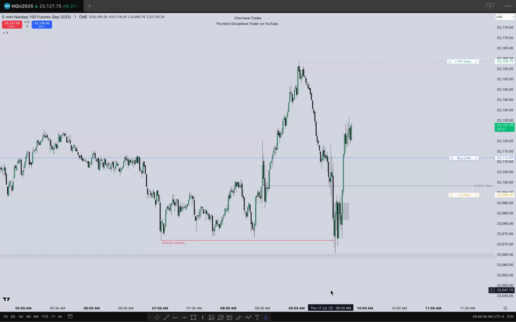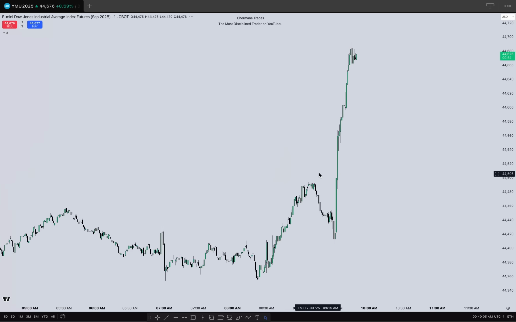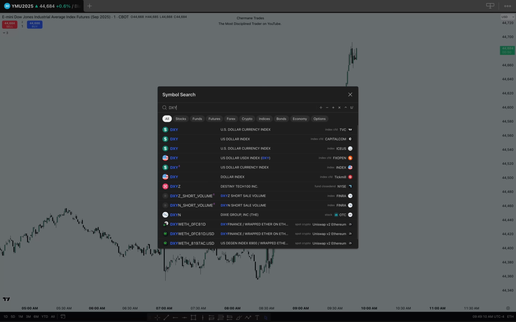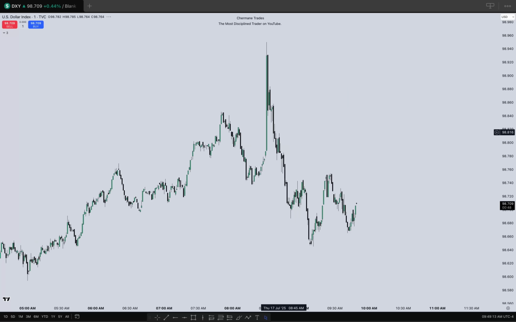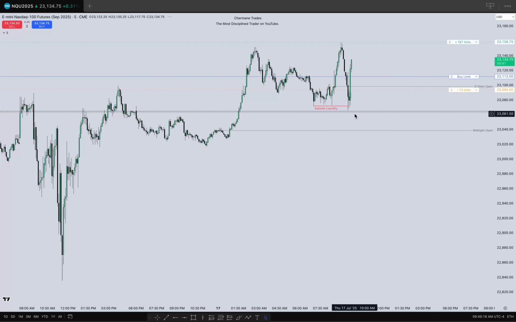So now's a good time to check ES. You can see ES has worked higher. Yeah, the Dow was clearly leading the way higher. And if we look at dollar index, it's run as buy side. So everything is in sync.